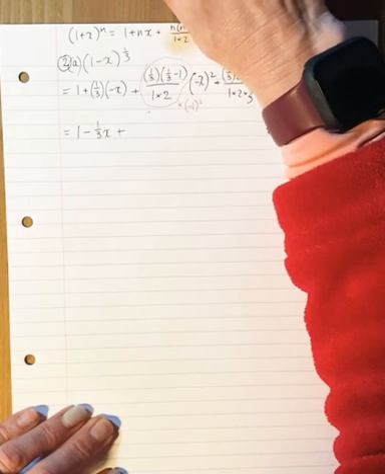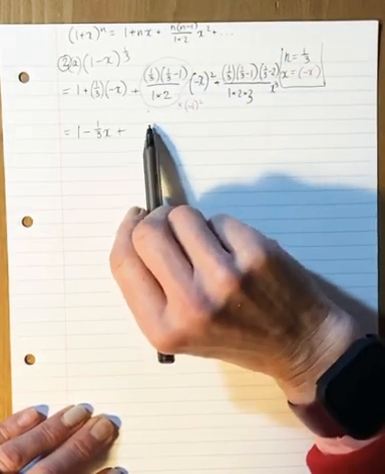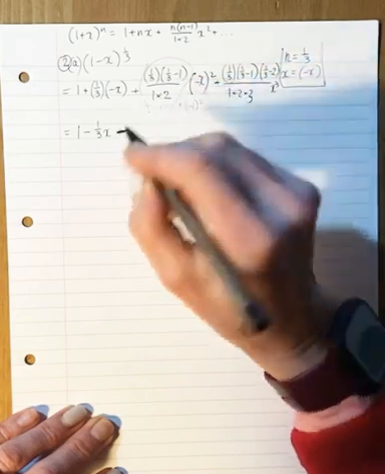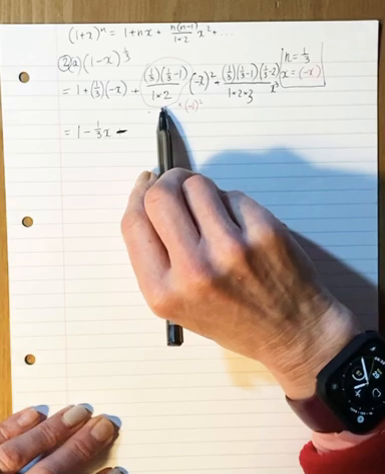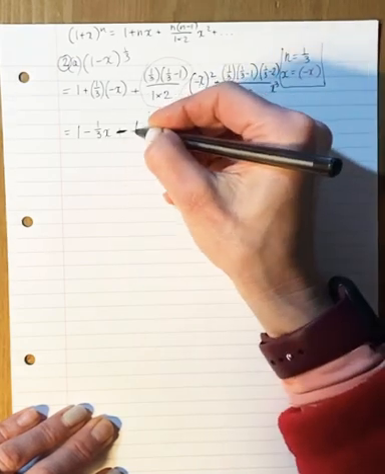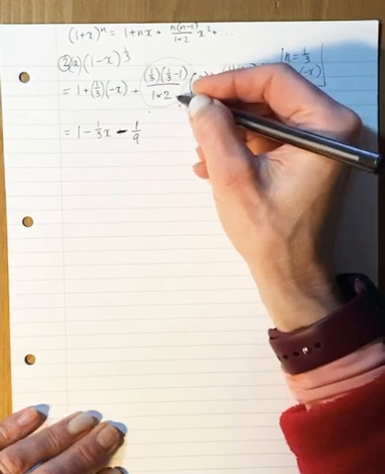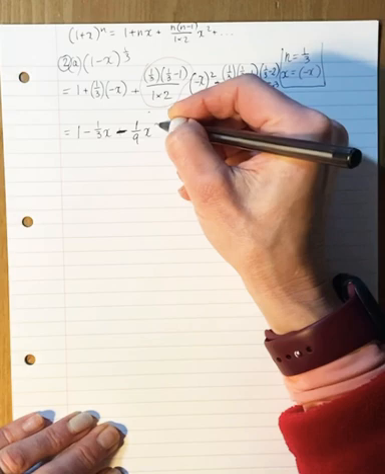So let's have a look. This is going to be 1/3 times minus 2/3, minus 2/3. It looks like it's going to be 1/9, because you have 1/3 times 2/3 over 2, so it's 1/9 x squared.